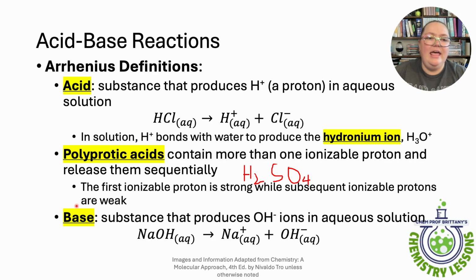On the opposite side of that, we have bases, which produce OH- ions in aqueous solutions. Here we have sodium hydroxide, and when it dissolves, we've got sodium ions and hydroxide ions in solution.